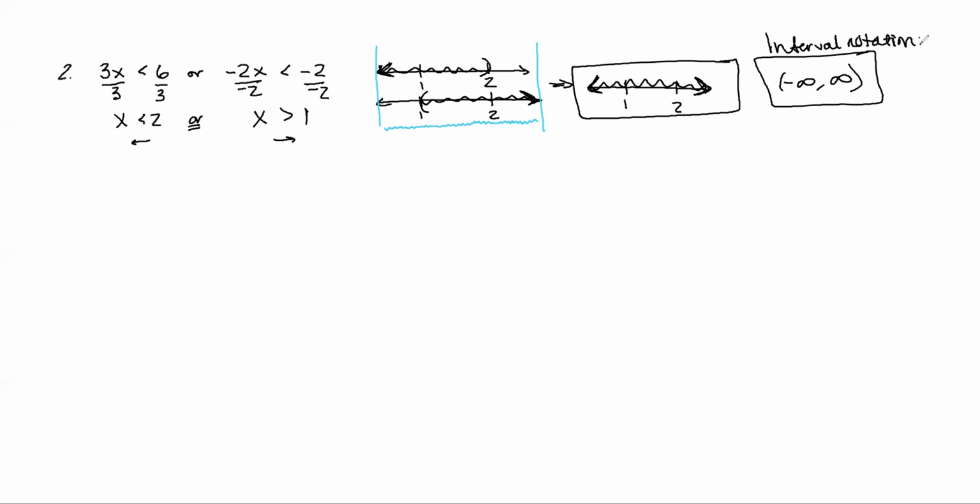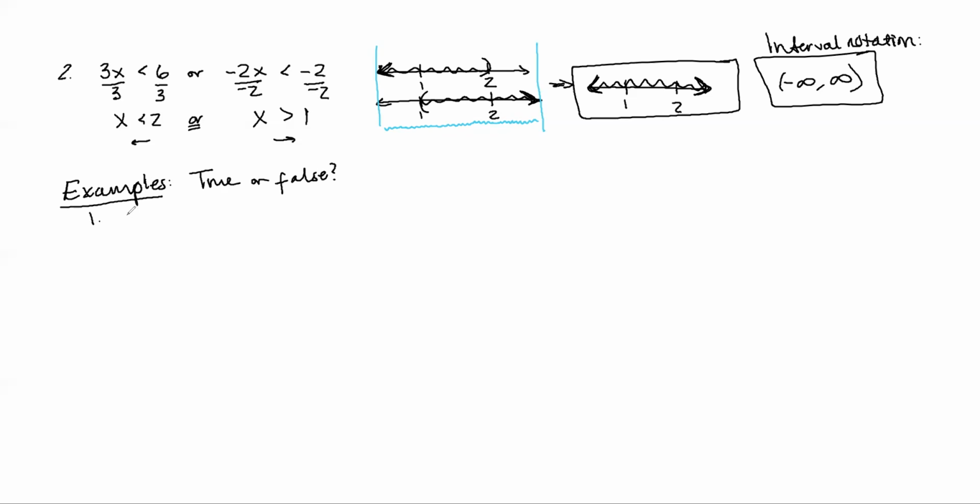Now let's look at just a couple of examples that show up on the homework. These are more of just kind of understanding unions and intersections. So these examples are just true or false questions.